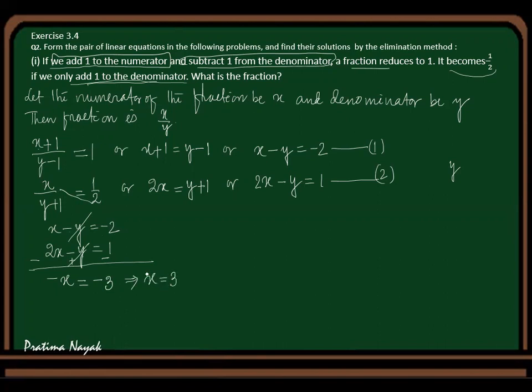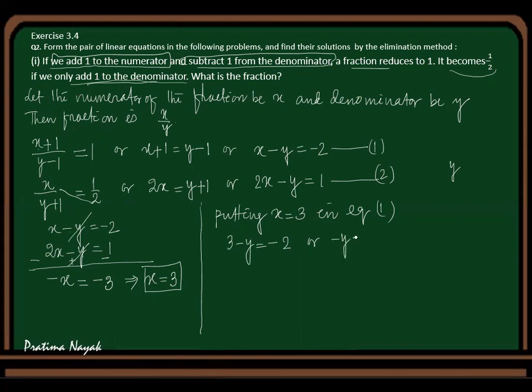So numerator we got is 3. Now putting x is equal to 3 in equation 1, I'll take 3 minus y is equal to minus 2, or minus y is equal to minus 2 minus 3, that will be minus 5, or y is equal to 5.